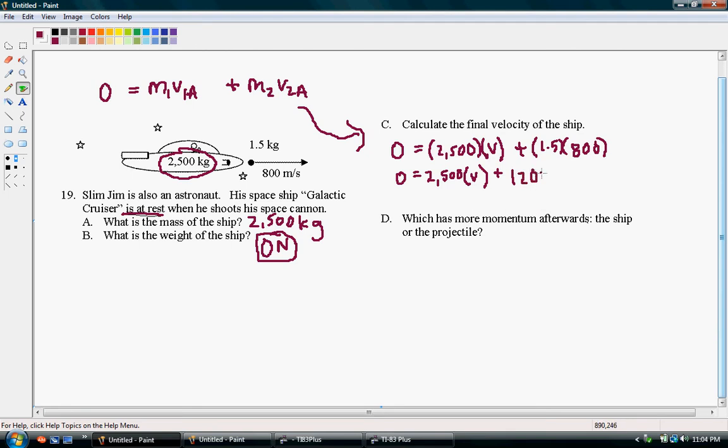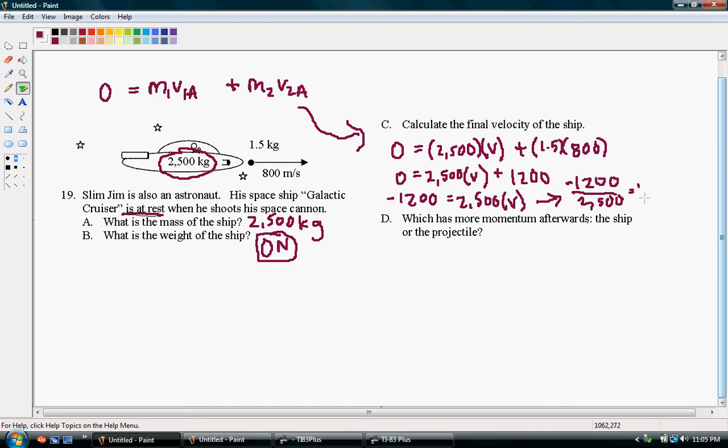So 1,200. Alright, so to solve for v, our first step would be, the 2,500 is stuck to the velocity. So we can subtract 1,200 and end up with negative 1,200 on the left side equals 2,500 times the velocity. Now to solve for the velocity, we could just divide both sides by 2,500. So we end up with negative 1,200 divided by 2,500.